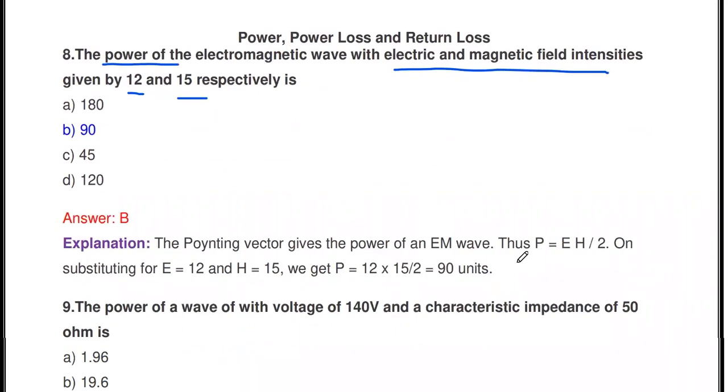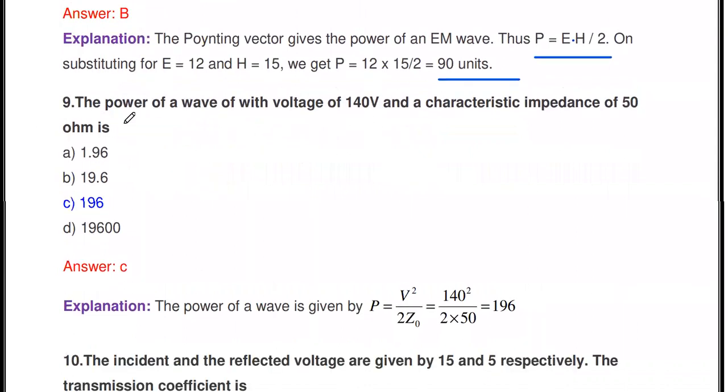The power is nothing but the Poynting vector. It gives the power of the electromagnetic wave. So the power equals E into H divided by 2. 12 into 15 divided by 2 gives 90. So the power of the electromagnetic wave is 90.